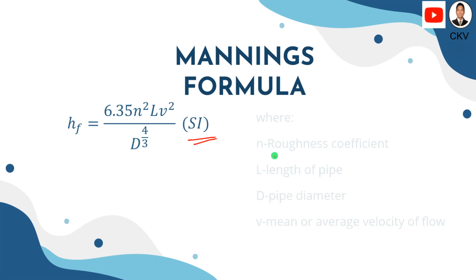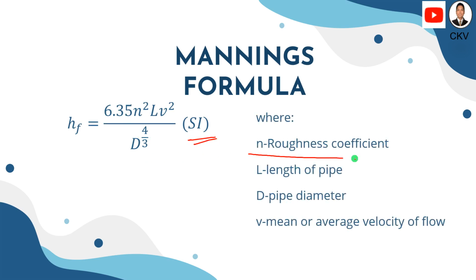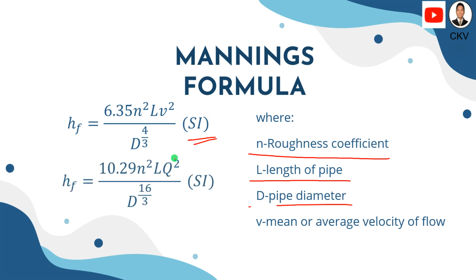That is in SI units, where n is the roughness coefficient, L is the length of pipe, D is the pipe diameter, and V is the mean average velocity. So using flow rate again, here's the equivalent solution for the head loss using Manning's: 10.29 n squared L Q squared over D raised to 16/3.